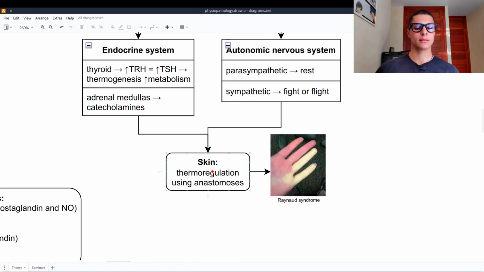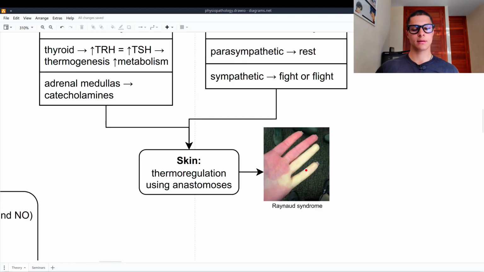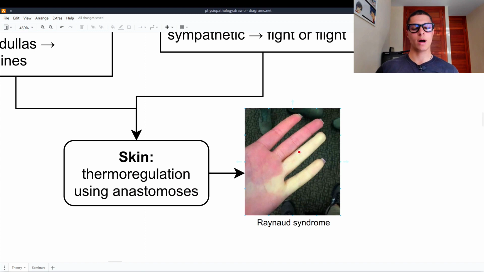And the skin is the main part of regulation, because the thermoregulation in the skin happens using anastomosis, which are indeed junctions of a little artery and a little vein together to skip the capillaries of peripheral circulation, for example in the hands. And when you have white hands, it's because your body used anastomosis.